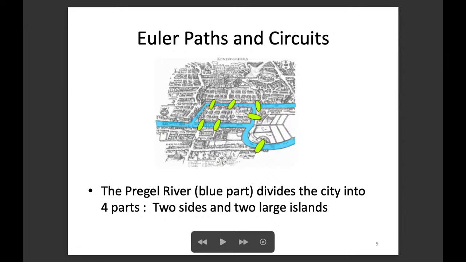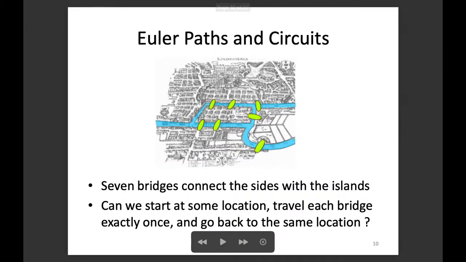So this is one region, there's an island here, that's one region, and there's another region here. Connecting these regions, there are 7 bridges, labeled as the green parts here. One question is, can we start at a certain location, let's say this one, travel each bridge exactly once and come back to the original location?